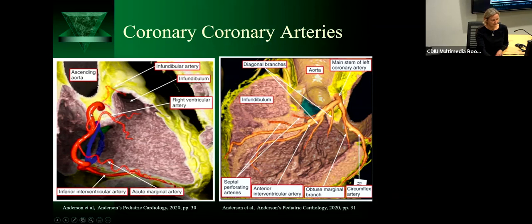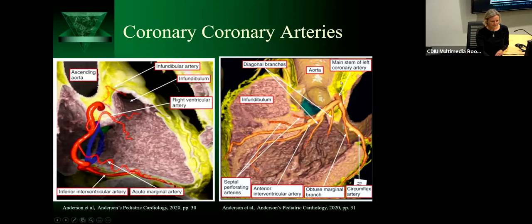So if it's a blockage here in the right coronary artery, then my right ventricle is going to suffer. But also you can see that the right coronary artery comes sort of underneath and tips and actually supplies the inferior surface of the left ventricle in some people.